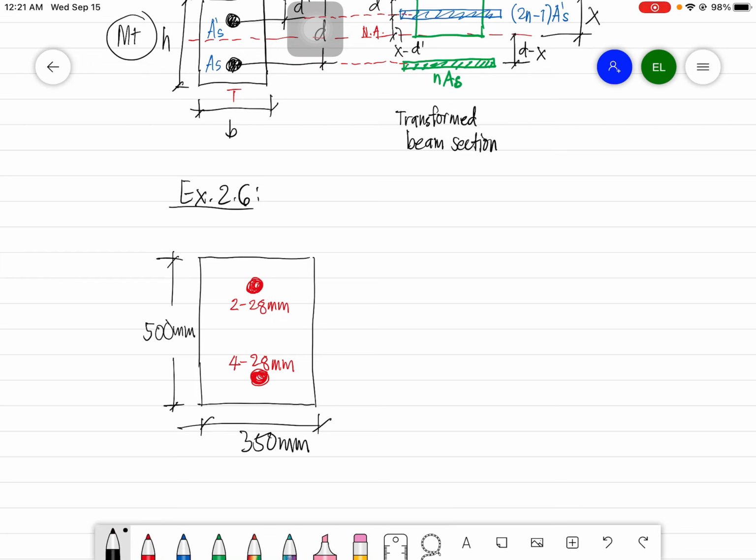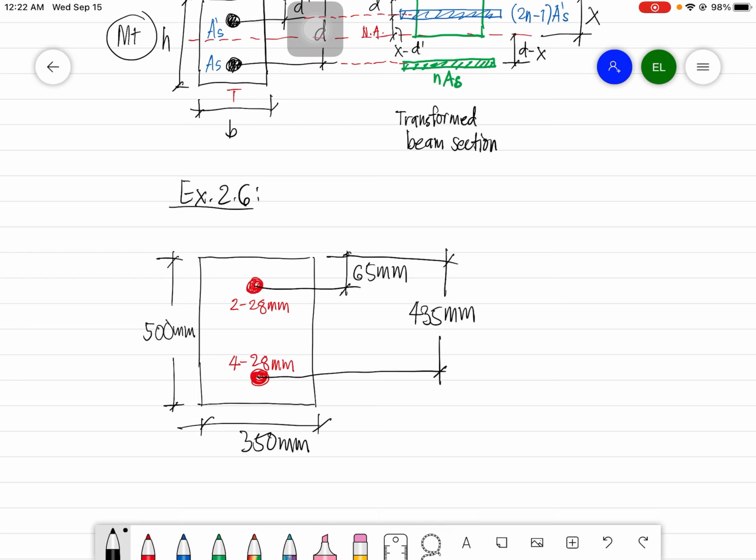Okay, so we have d prime, which is 65 mm, and then we have d, which is 435 mm.